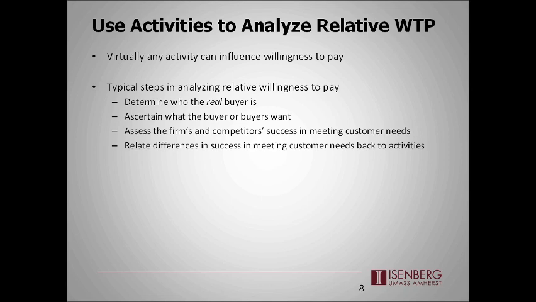And with that said, the process of analyzing willingness to pay involves identifying who the true buyer actually is, determining what the buyer really wants, examining how successful the firm and its competitors are in giving buyers what they want, and tying any differences in success back to specific activities, understanding which activities account for those differences.